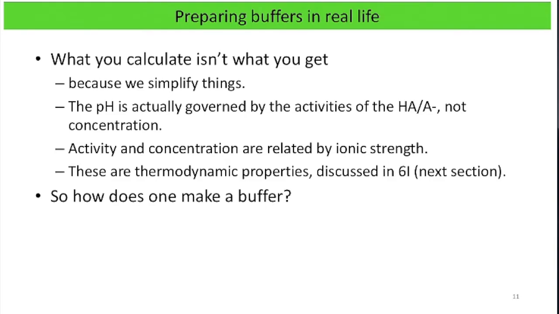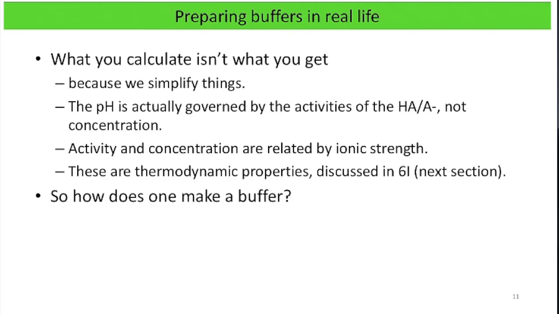If you do, it'll probably be in physical chemistry. But the activity and concentration are related by ionic strength. So the stronger this buffer is, the more concentrated it is, the more the activity of each of the components is going to matter rather than the concentrations. We're not going to discuss them, so we can cross out this part here in the slide.